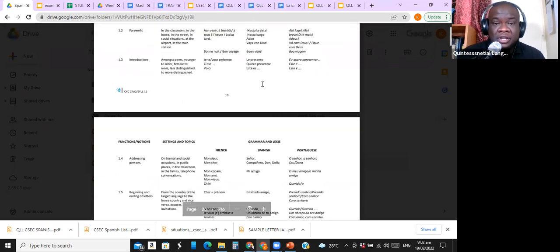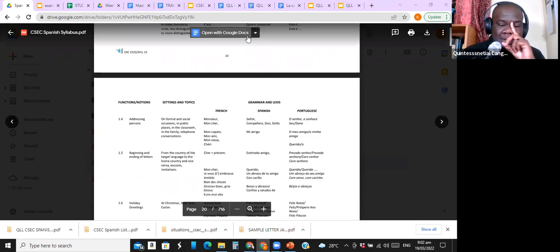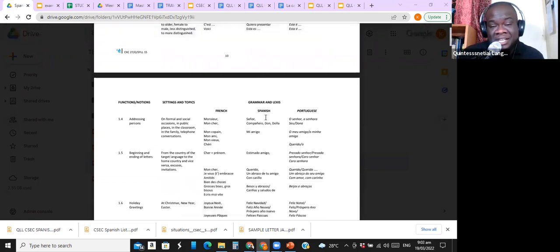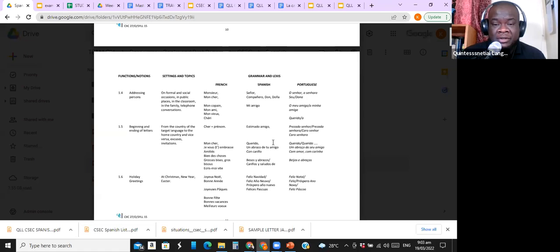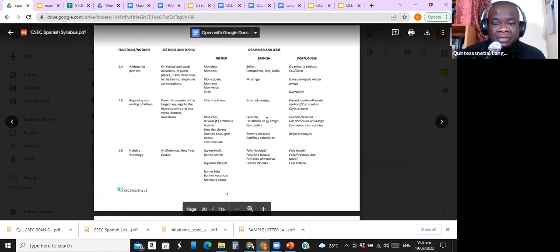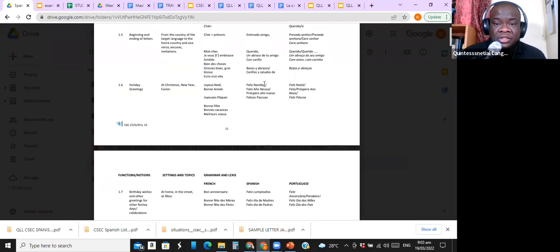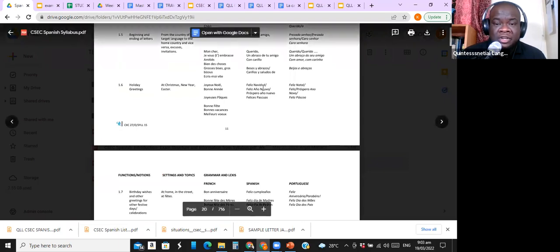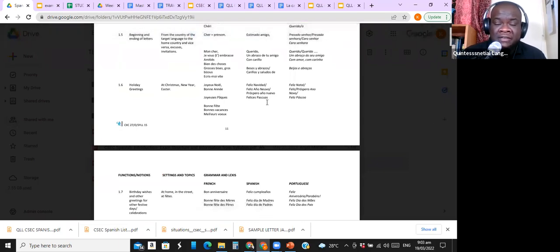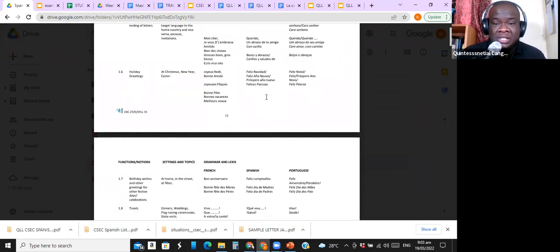Introducing persons. So guys, I may have deleted it in error, but I've shown you where you could still go and get the information, right? Right here on the CSEC syllabus, it is here for you. Beginning and ending of letters: querido, whoever, un abrazo de tu amigo, con cariño, etc. The things you would use for holidays, the greetings you would use: Feliz Navidad, Feliz Año Nuevo, Próspero Año Nuevo, Felices Pascuas.